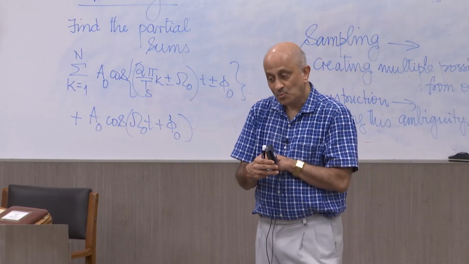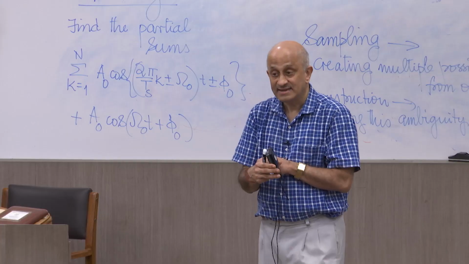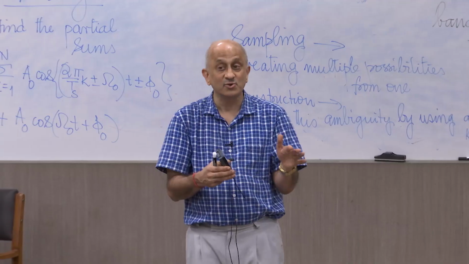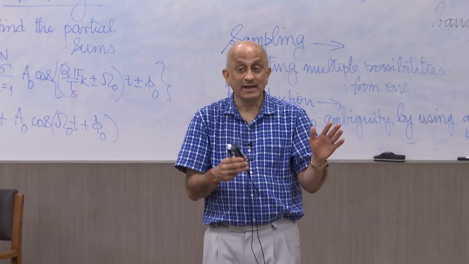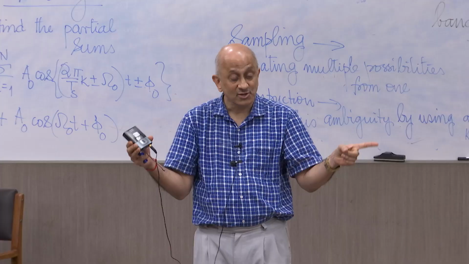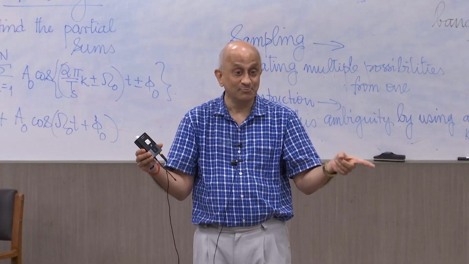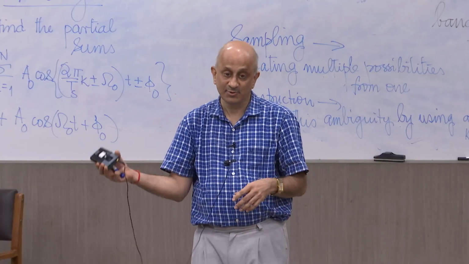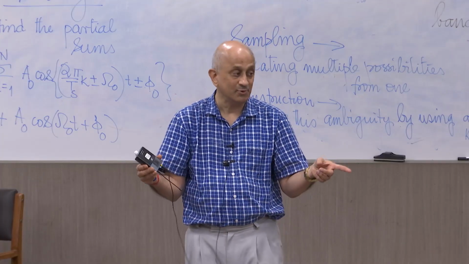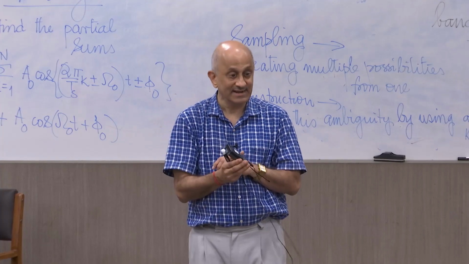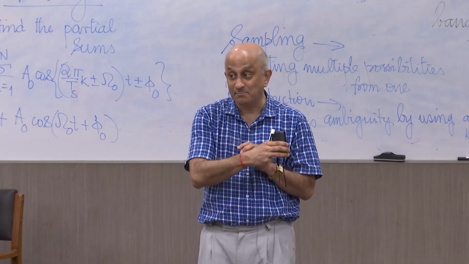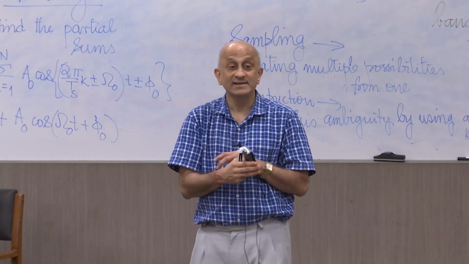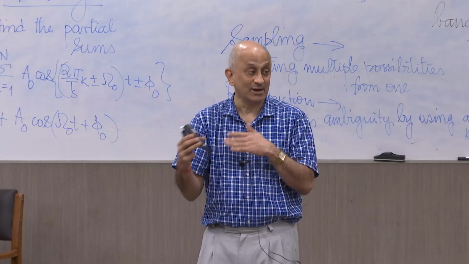Now, what does sampling do? Yesterday we said that in signals and systems in the natural domain, we would agree to have the same kind of independent variable at the input and the output. If it's continuous at the input, it must be continuous at the output. If it is discrete at the input, it must be discrete at the output, right? Now, with the advent of sampling, we can allow different kinds of variables at the input and output.